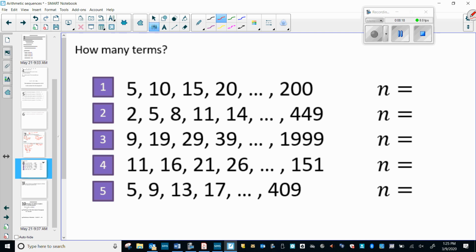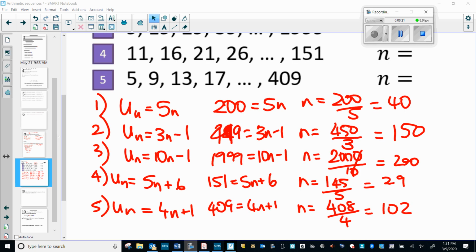I'll give you a little bit of time. You have a go at those ones, okay? All right, did we get those values? So we had our rule as 5n for the first one, so n was 40. The second one, 3n minus 1, so it was 150. 10n minus 1, so it was 200. 5n plus 6, which is 29.